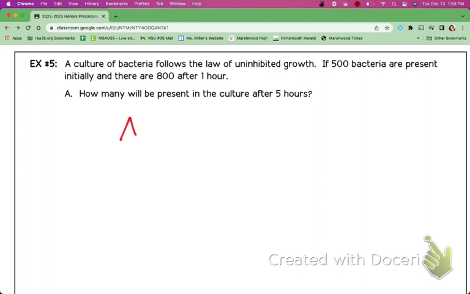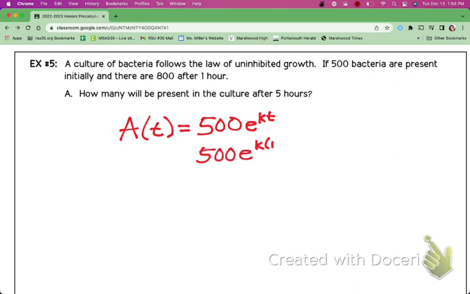So A of T is equal to, what's my initial? 500 tells us is the initial. And then it would be E to the K times T, which in this case, after 1 hour, so K times 1, I'm at 800.